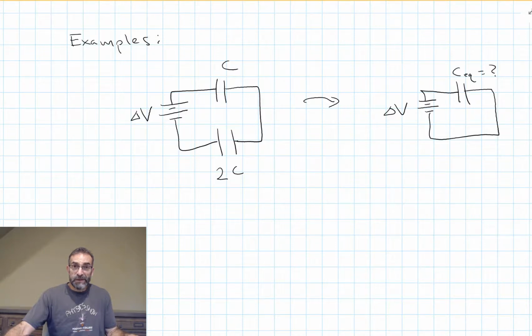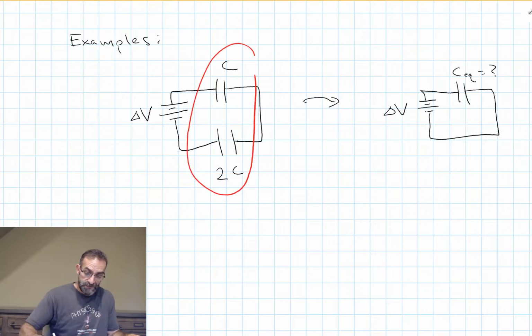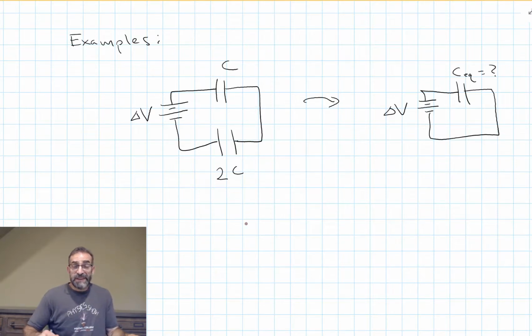Take a quick look at this circuit and see if you can find its equivalent capacitance. At first glance, it looks like these capacitors might be in parallel because of the way I drew them opposite each other like this. But think of the circuit as a hiking trail.